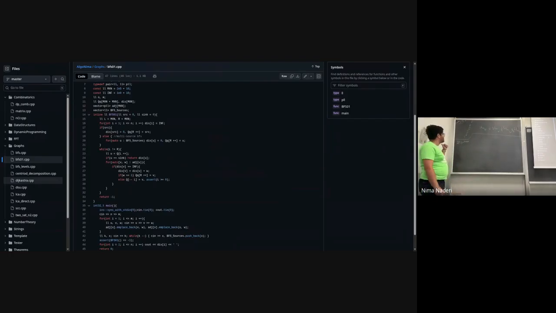So, the BFS tree. Let's say that we have one source because it's not that different. Then we have the levels: level 1, level 2, level 3, 4.